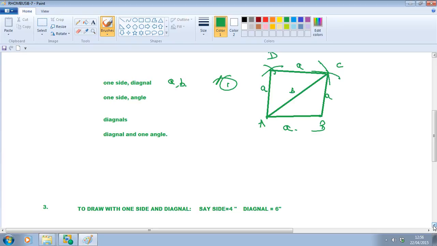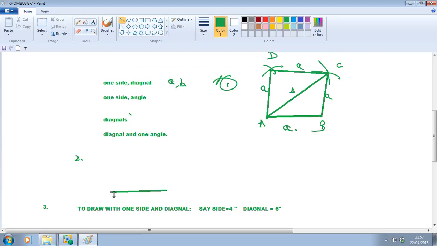What if one side and one angle are given? Can you try the next one? How will you draw it when one side and one angle are given? One side is given, so all four sides are the same.